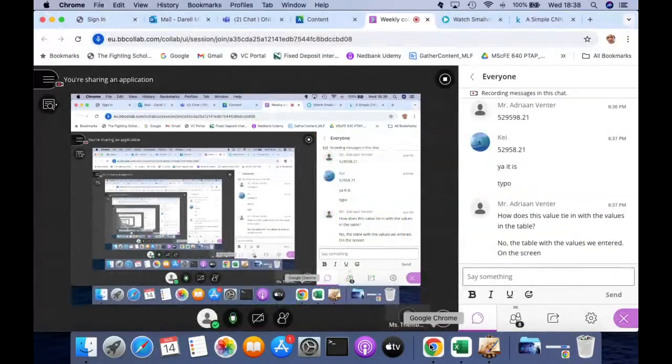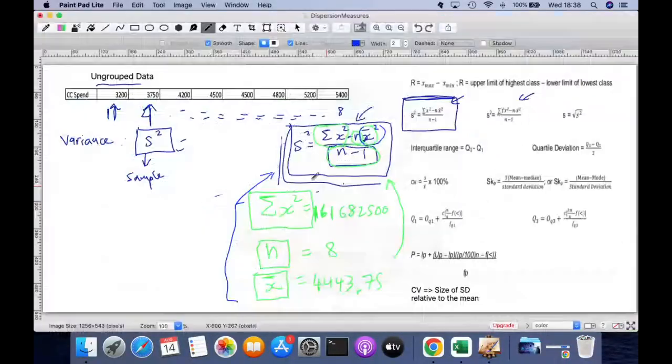The numbers that you got here, there's 1, there's 2, there's 3, it's all based on what you captured in your calculator. Everything you captured in your calculator, this all comes from it. Once you capture these numbers, you can pull this S squared directly from your calculator.